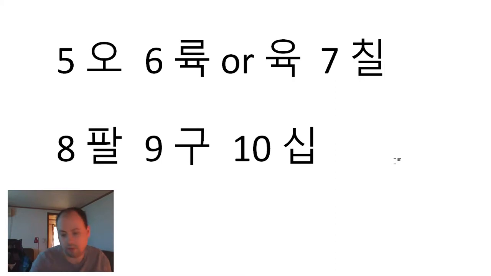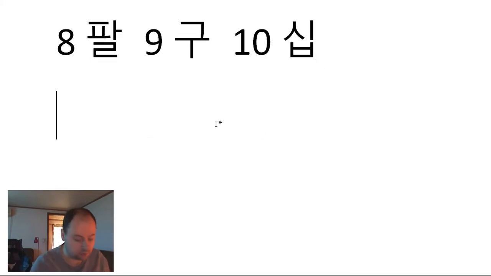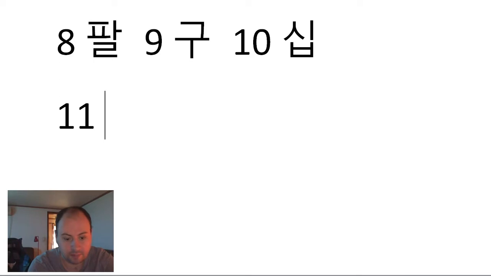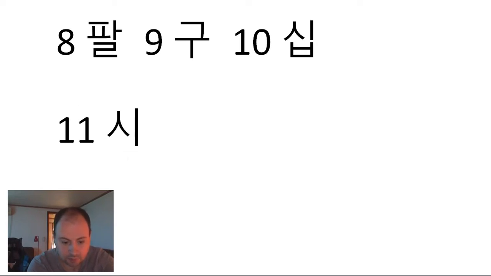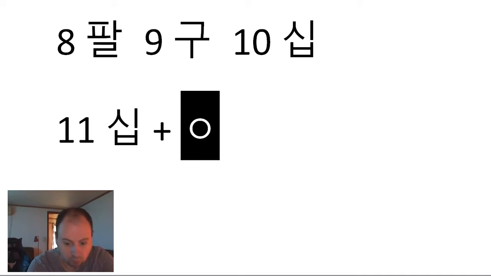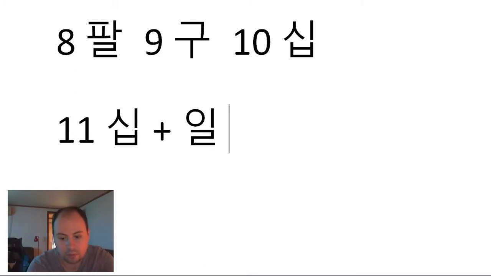Right? Now, it is fairly logical when it comes to how the numbers are put together. So if we have 11, that basically means we take the word for 10, which is ship, and we add it to the word for 1, which is il, right? So basically 11 is 10 plus 1.